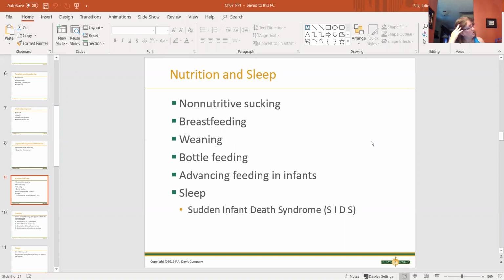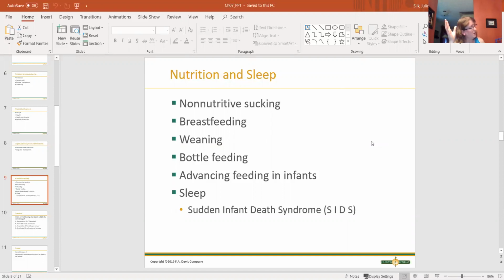All foods, as they get a little bit older and you give them actual little pieces of food, you should put everything on a spoon. You don't put anything in the bottle. Around 8 months or so, strained fruit, vegetables, and strained meats can be introduced.